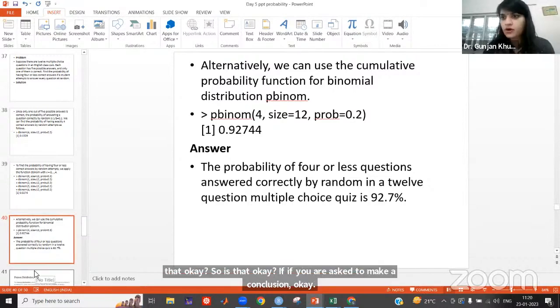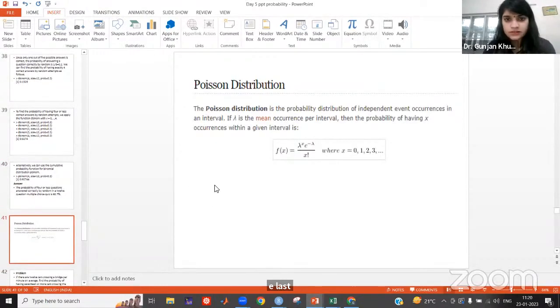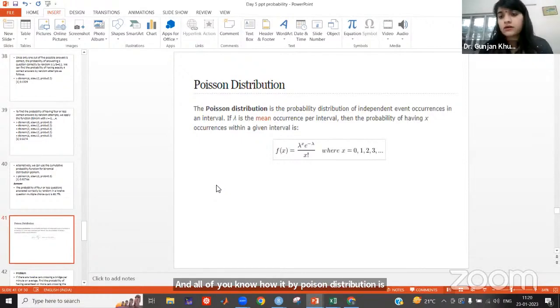Now we come to the last distribution which we'll discuss in this session, and that is the Poisson distribution. All of you know the Poisson distribution is a discrete distribution, and this is how its probability mass function is given: lambda power x e power minus lambda upon x factorial, where lambda is the mean.